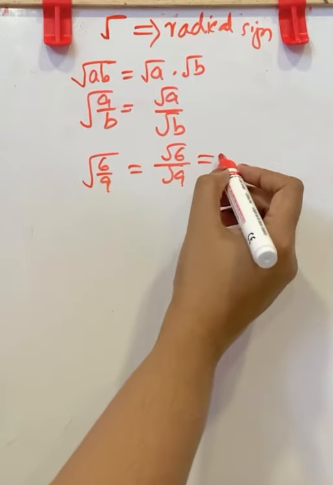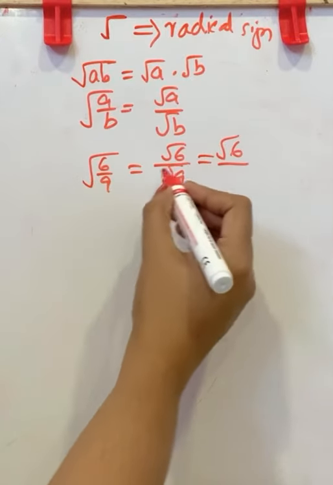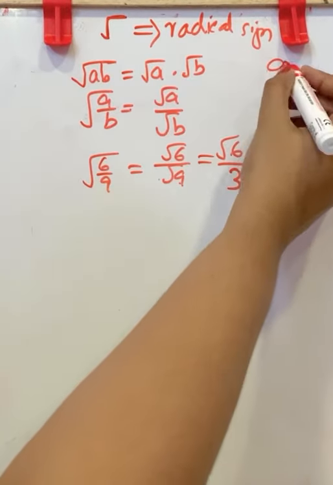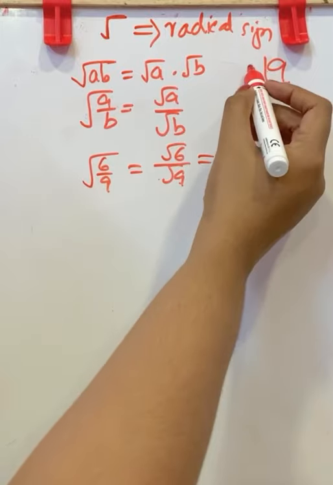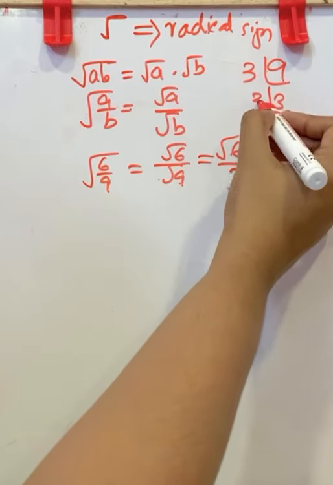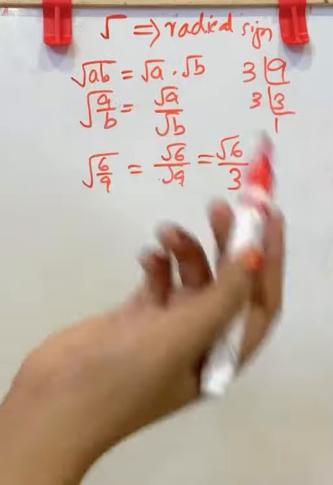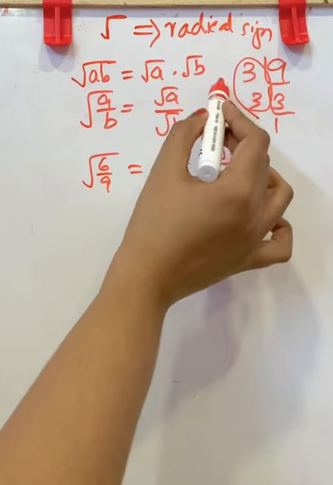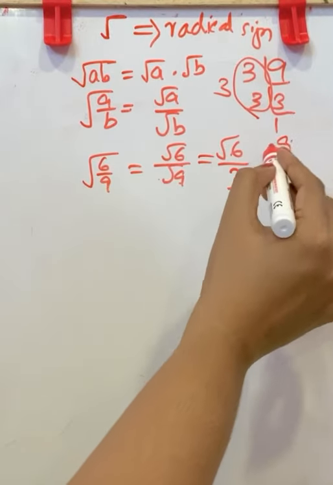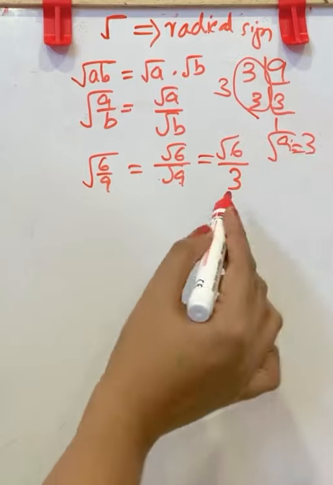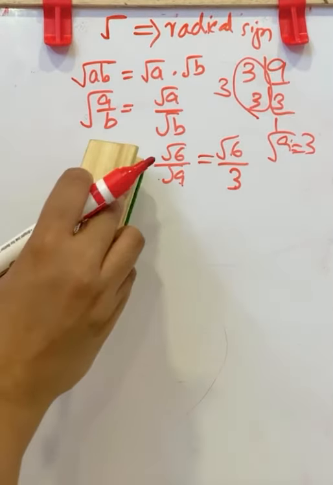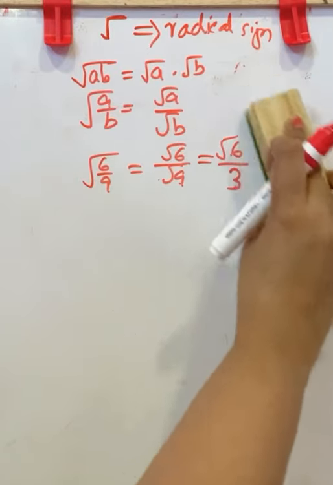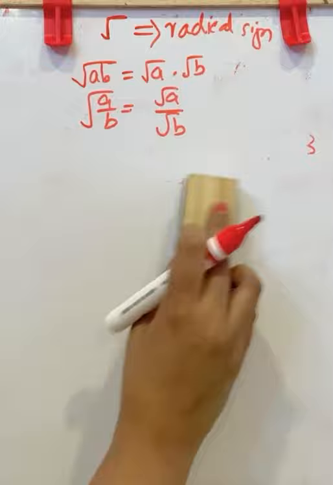The square root of 9 is 3, right? Taking the prime factorization of 9, it is 3, 3, 1. Now to take the square root, you pair the numbers. Two 3's are there, so pairing it you will get one 3. So the square root of 9 is equal to 3. So root 6 by 9 becomes root 6 by 3. Using this identity, just remember all these things.